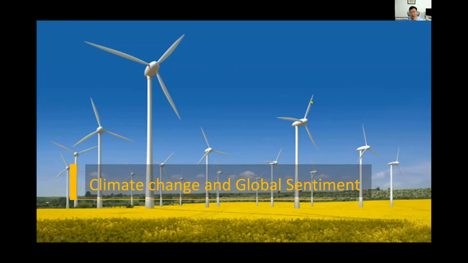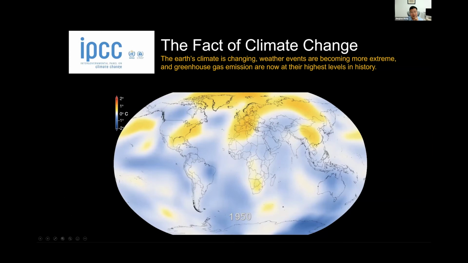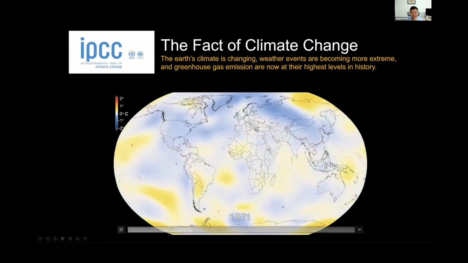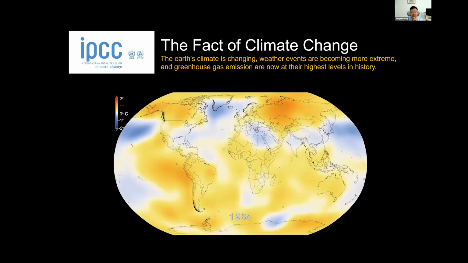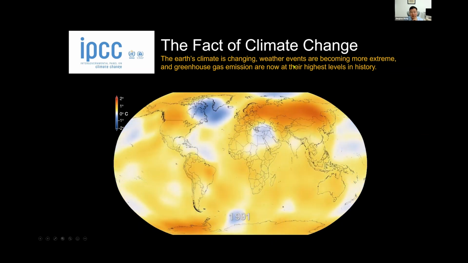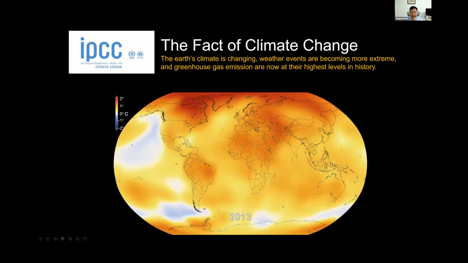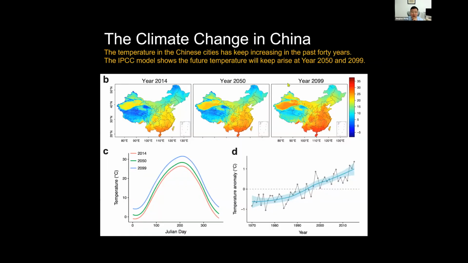For this research, the initial motivation is very simple, because climate change is in fact affecting our society every day. And also in China, climate change is a big issue.